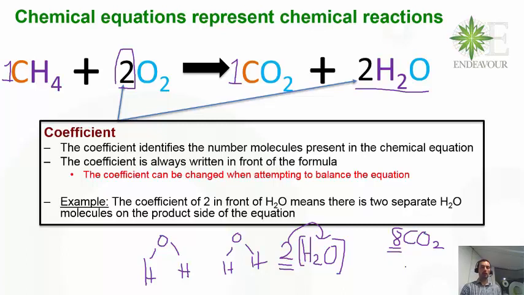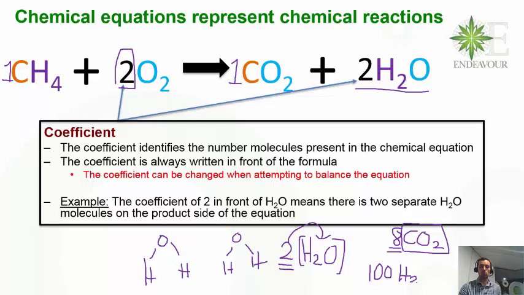Because there's an 8 in front of the CO2, that tells us that there's 8 lots of our CO2 compound. I'm not going to draw them all out, but essentially the 8 will tell you that you have 8 of everything after that, and that is the CO2 molecule. Whatever the number is in front of the molecule, that tells you how many of that molecule type there are.